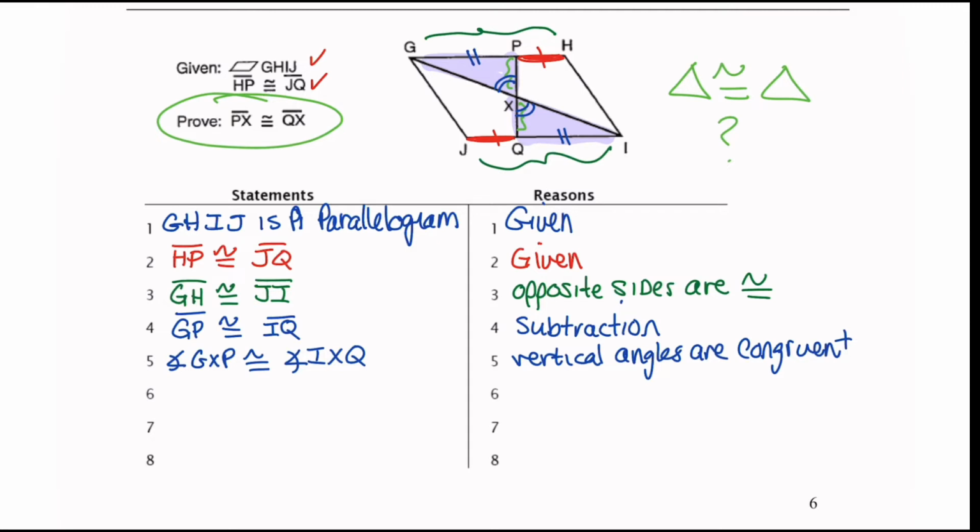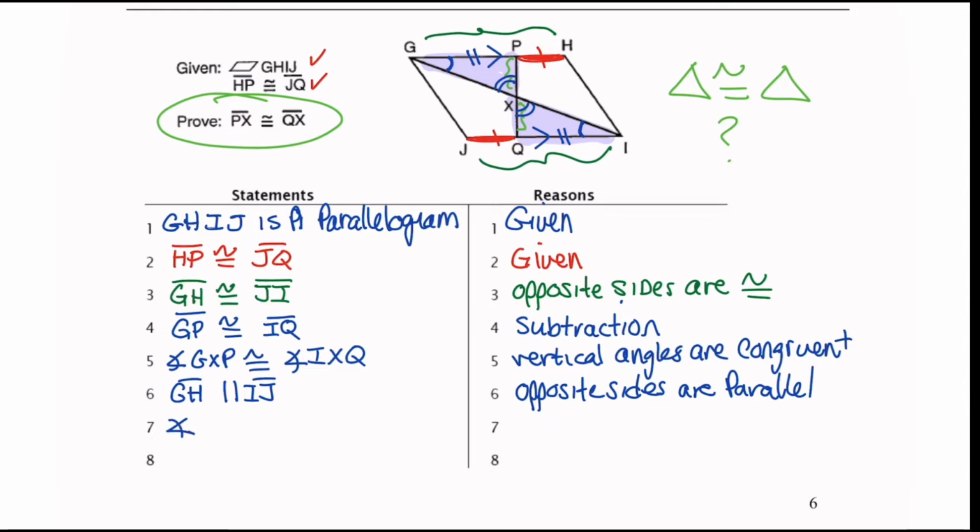Next, we could say that we have this angle here and this angle here congruent, but before we could say those are congruent, we would have to state that sides are parallel. So I have to make a statement about these sides being parallel. So I would say that GH is parallel to IJ because opposite sides are parallel in a parallelogram.